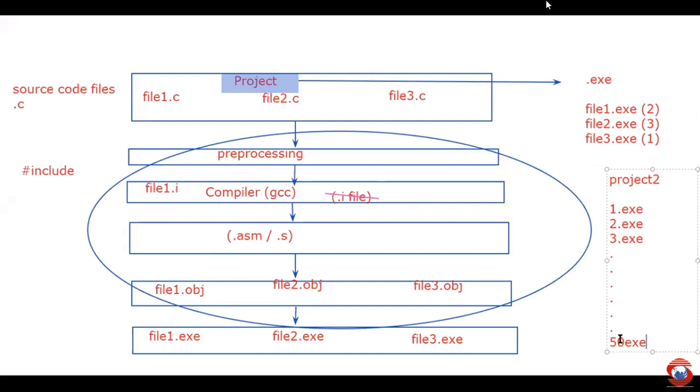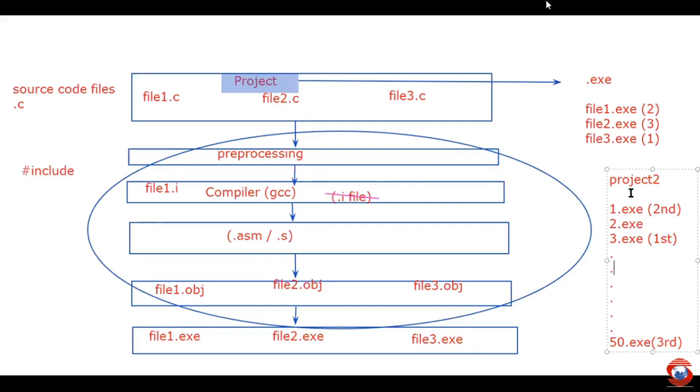If I have 50 exe files of a single project, and I am telling to the customer, to the end user, you have to follow the sequence. What sequence to follow? First, the third file, you please execute that, right? Then the second, first file, you please execute that. Then the 50th file, please execute that, right? So this is the sequence that you have to follow. Will anyone remember this?